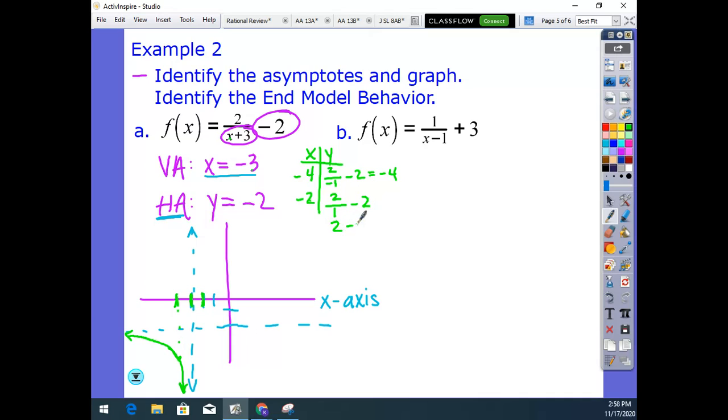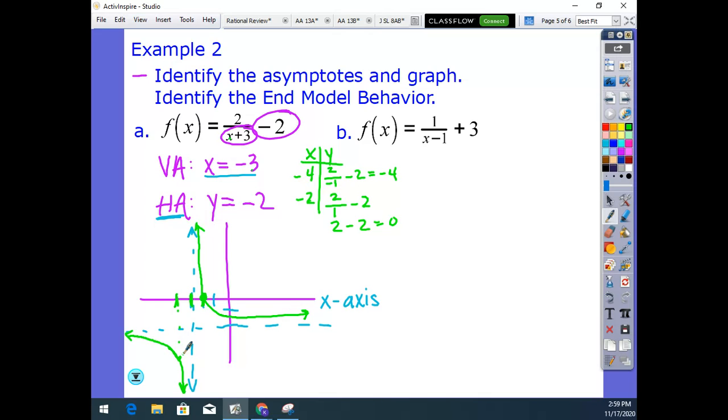Well, what's 2 minus 2? That's just 0. So what that tells me, when x is -2, y is 0. So I graph this point. So this is in this upper corner. So typically your asymptotes break it into 4 little quadrants, and you see your shapes in one corner or the other.